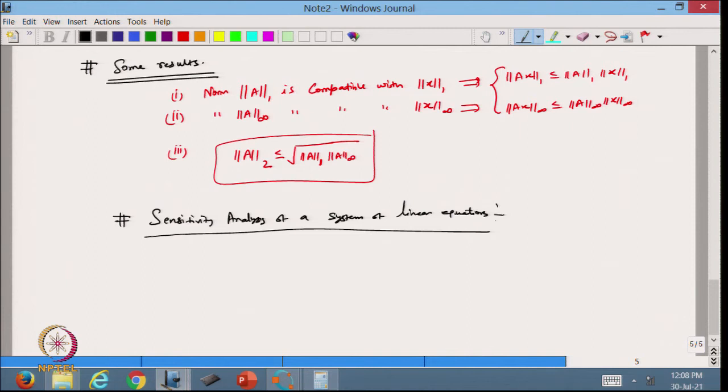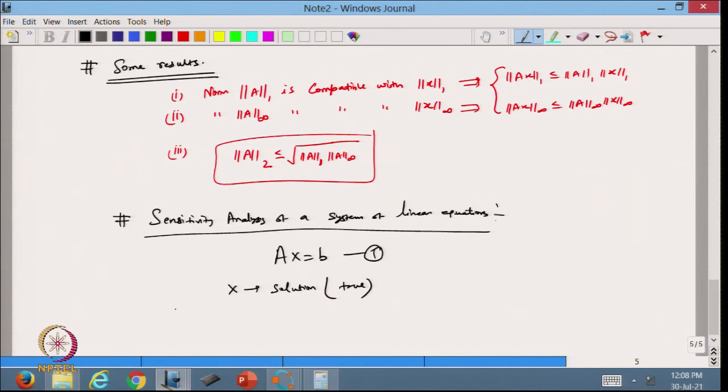Sensitivity means, suppose I have a system Ax is equal to B. So, this is a system I have. Now, given this system, x is its solution. I can say it is the true solution. I solve it and I got this value.